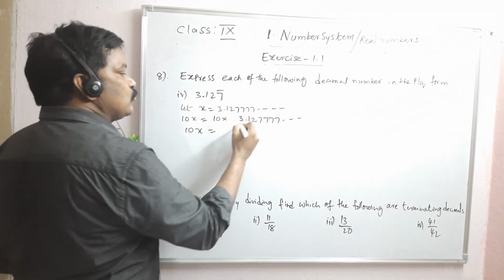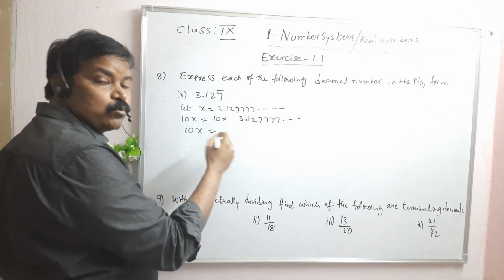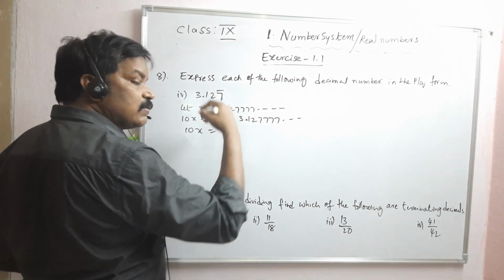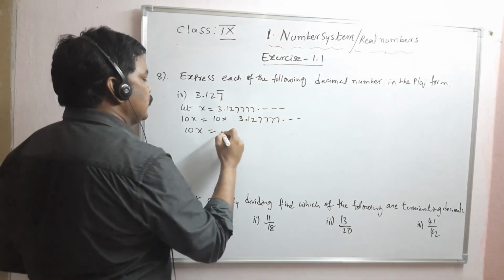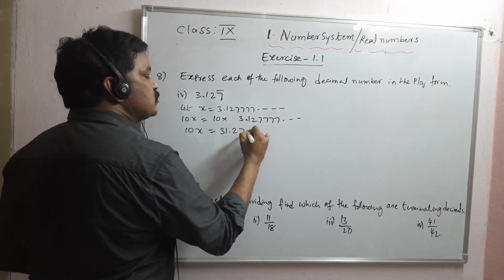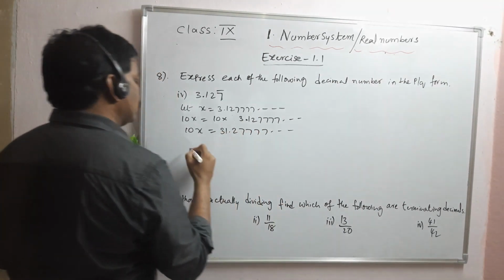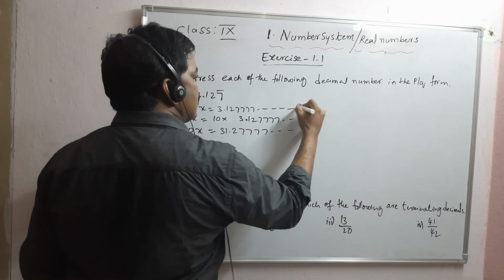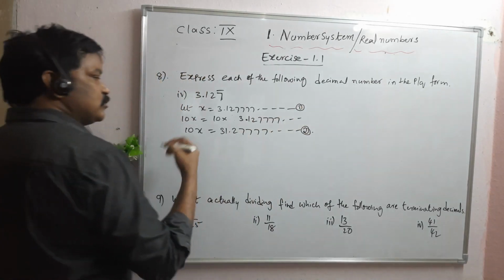When you multiply with 10, the point moves one digit from left to right. That means 31.2777 and so on. So this is equation 1 and this is equation 2. Let it be 2, right?